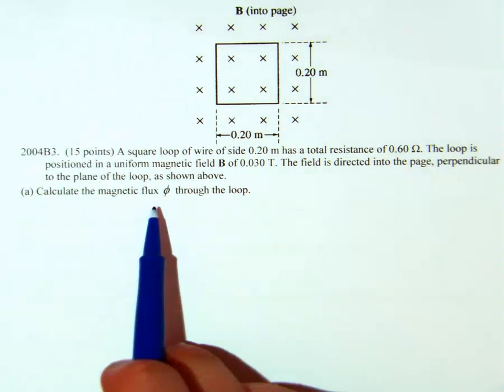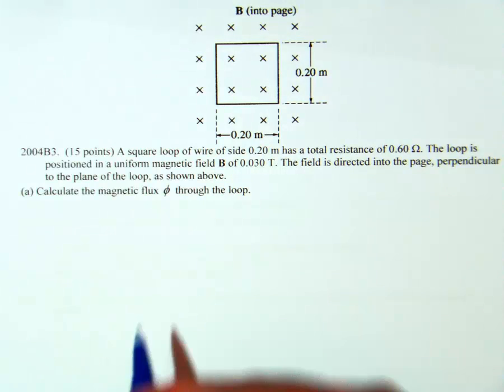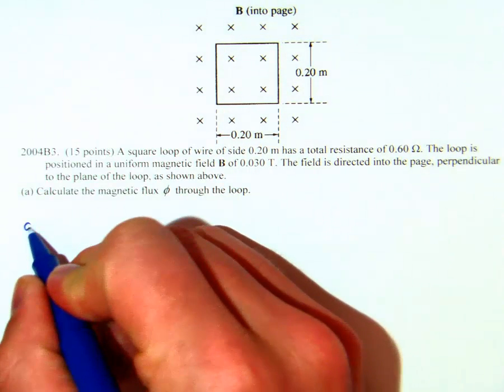A says calculate the magnetic flux through the loop. Well, A is pretty simple.